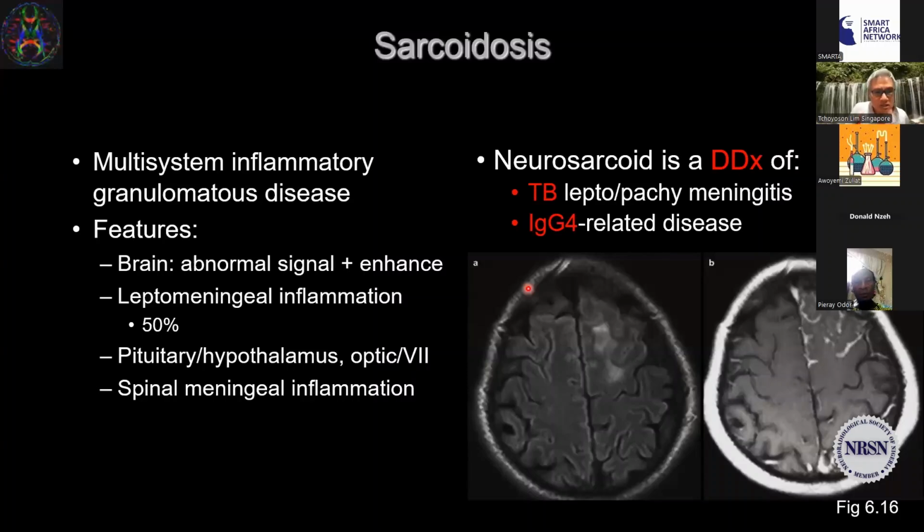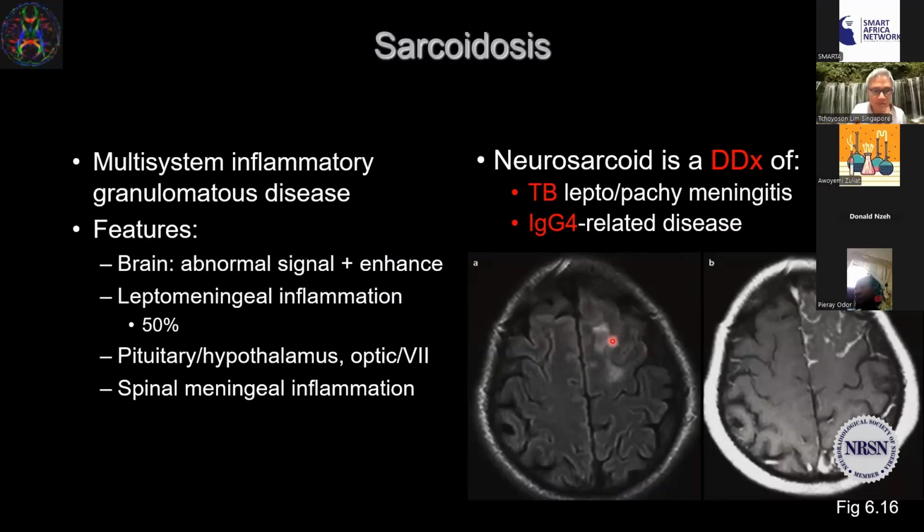I mentioned sarcoidosis because sarcoidosis is a multi-system inflammatory granulomatous disease that mimics tuberculosis, and it's granulomatous but not acid-fast bacilli. So TB features are very important when it comes to making the differential diagnosis.